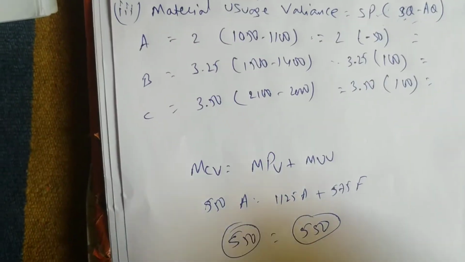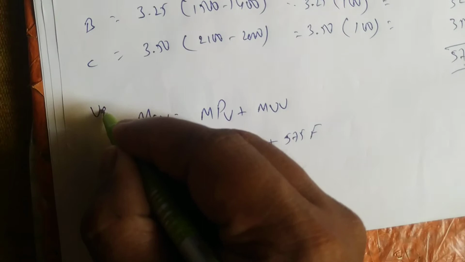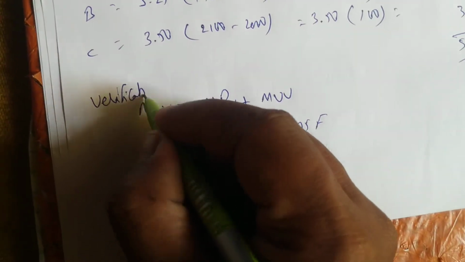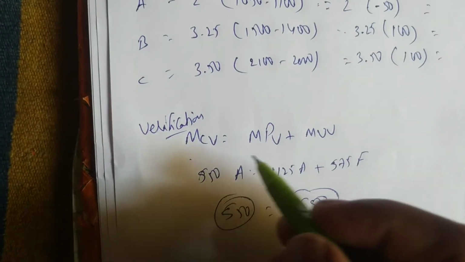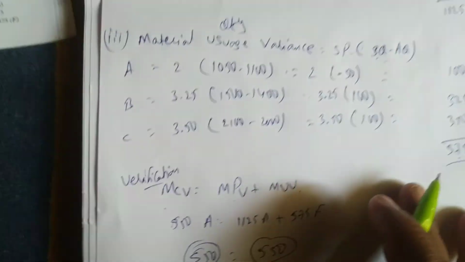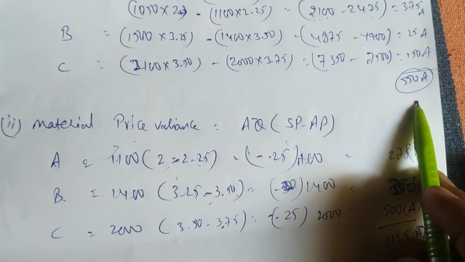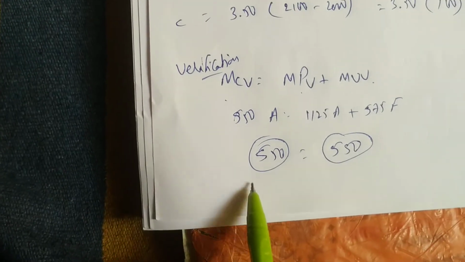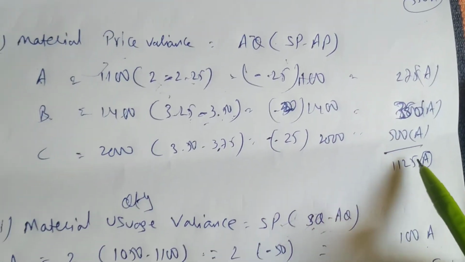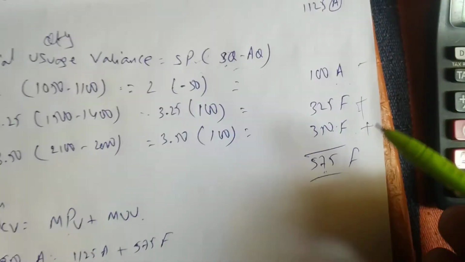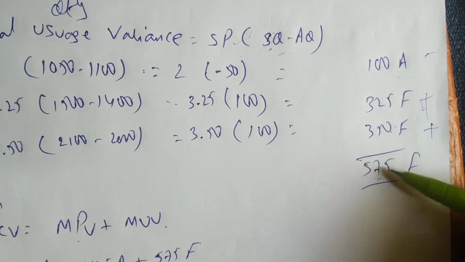So you have to verify in the exam also. How to verify? It's very easy. Material cost variance equals material price variance plus usage variance. You take the net answers. We got material cost variance as negative 550. Material price variance is 1125 adverse, and material usage variance 575 favorable.